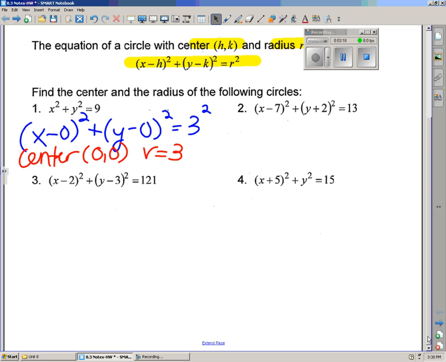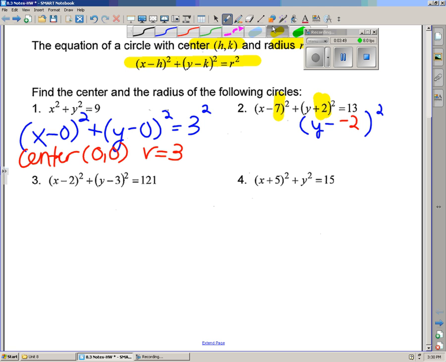Well, take a look at number 2. (x minus 7) squared plus (y plus 2) squared equals 13. For (x minus 7) squared, my h is exactly what I see here, x minus h. For y minus k, the problem is I don't have y minus, I've got y plus. But I could, if I needed to, write this as y minus negative 2 squared, because y minus negative 2 is just y plus 2.